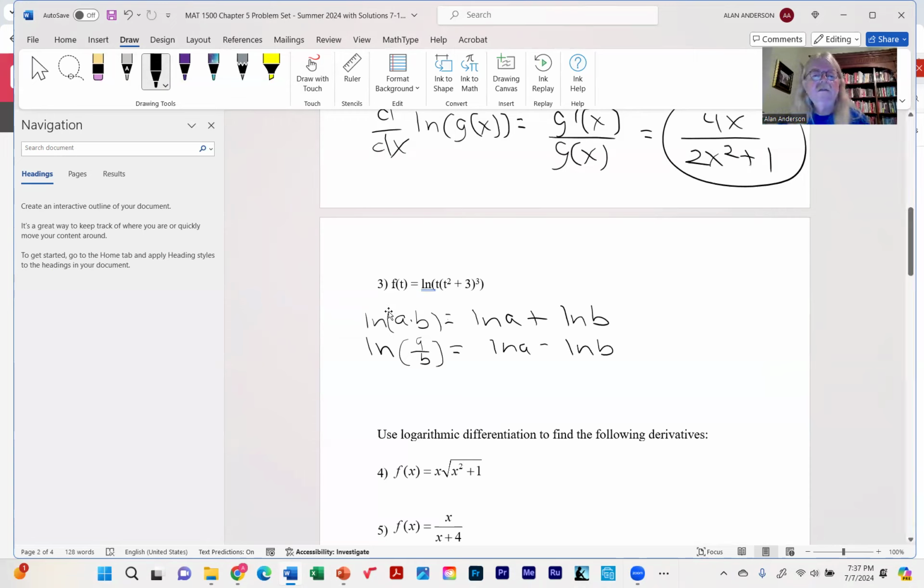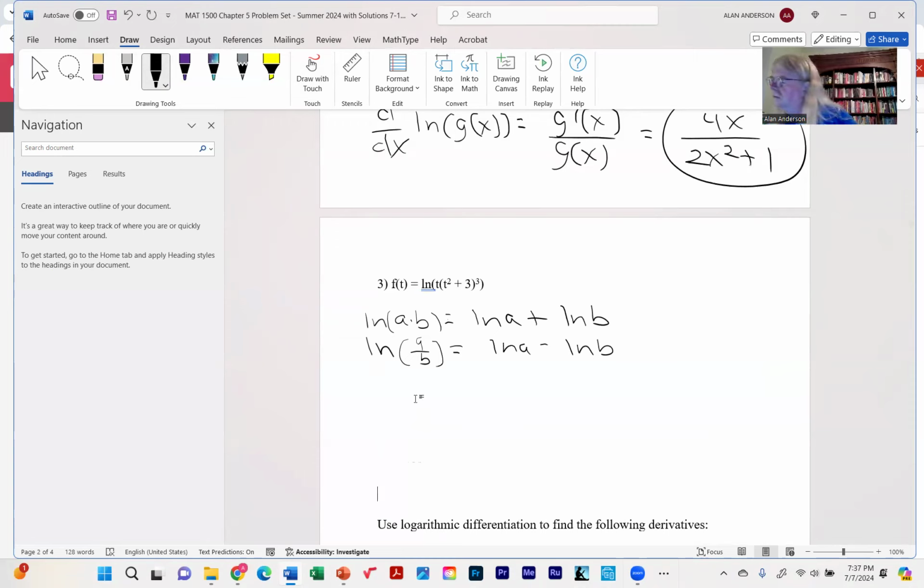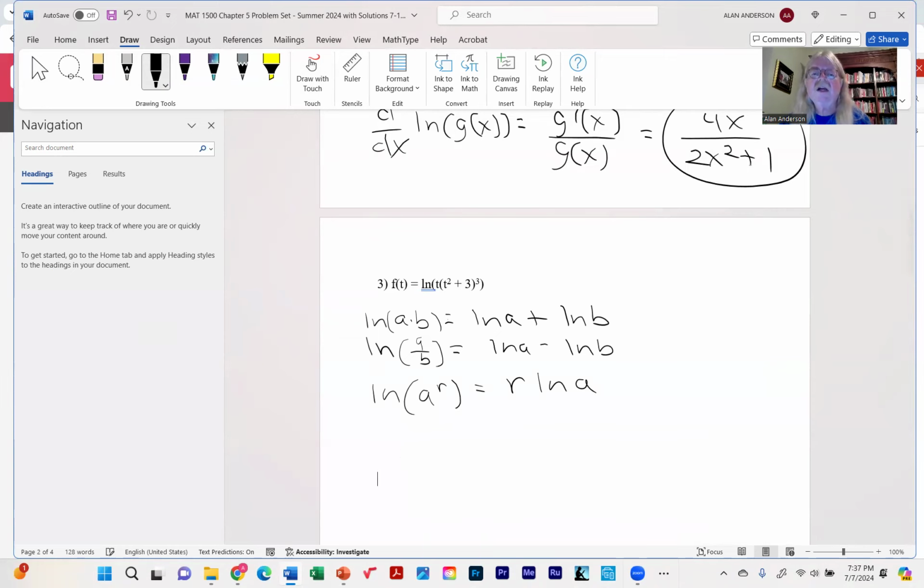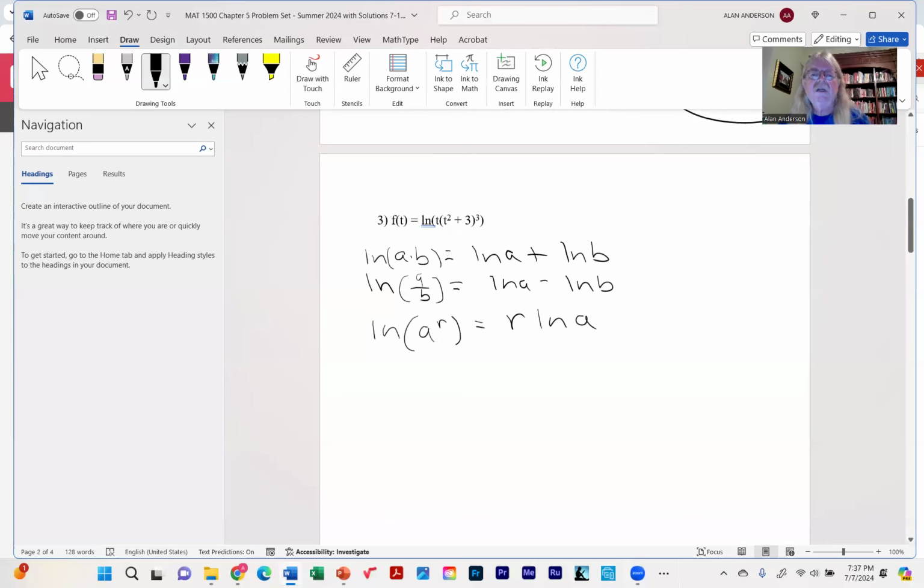And then the log of a to the r power can be written as r log a. So we're going to need these properties. In fact, I think you'll see if we apply these properties, we can make things a lot easier for ourselves.